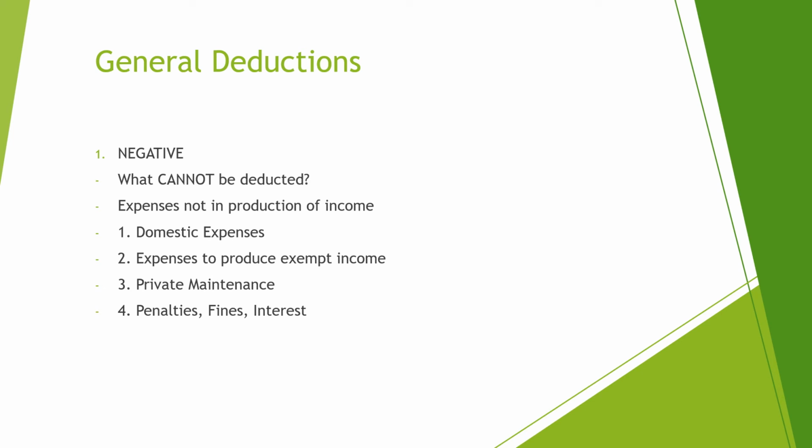Domestic expenses, so you cannot put in your deductions rent. You cannot put water and electricity. If you're an employee, you get your salary, you cannot deduct petrol to work, because that's a personal expense, right? And then expenses to produce exempt income. I included this because in my first video we covered dividends. Dividends are exempt income, right?